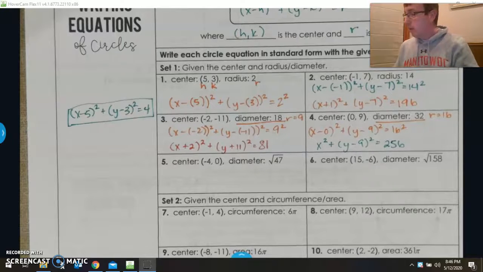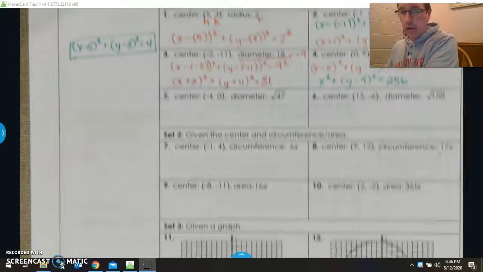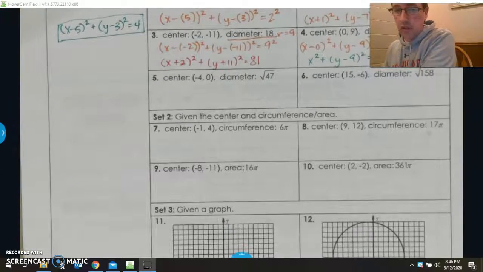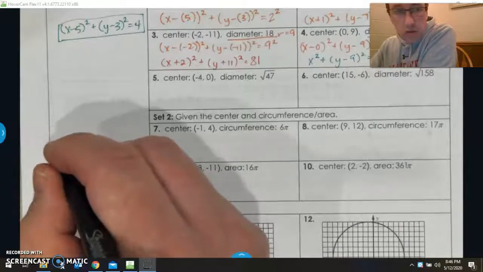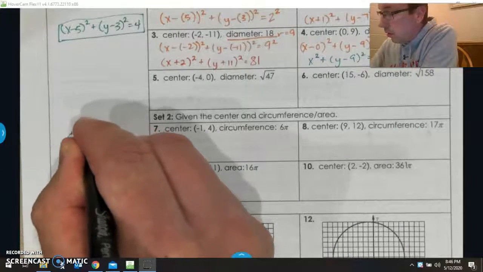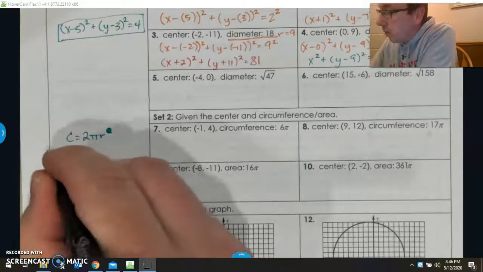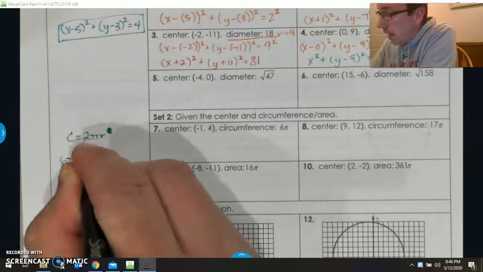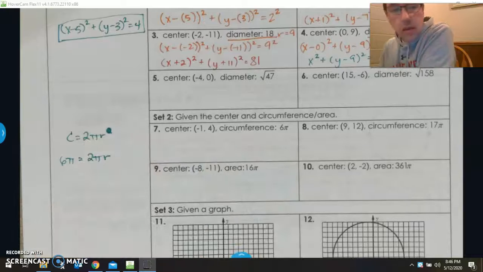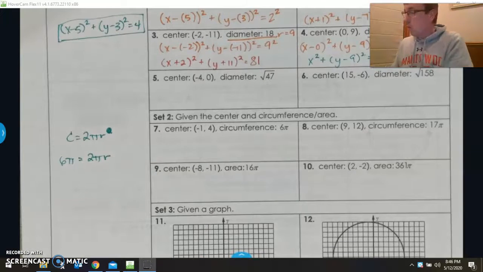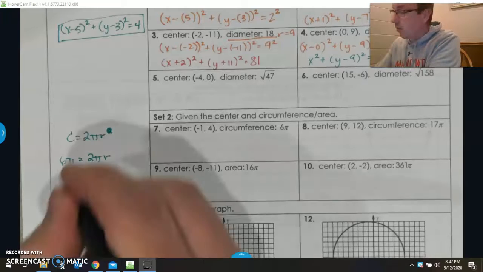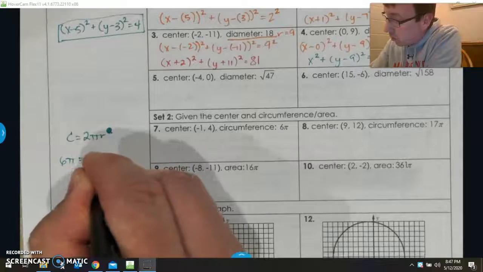Okay, hopefully that does make sense. Now let's take a look at number 7 quick, because that just looks like a fun question. If you remember right, your circumference is equal to 2 times pi times r, not r squared. So if my circumference is 6 pi, in order to get r by itself, we need to divide both sides by 2 pi.